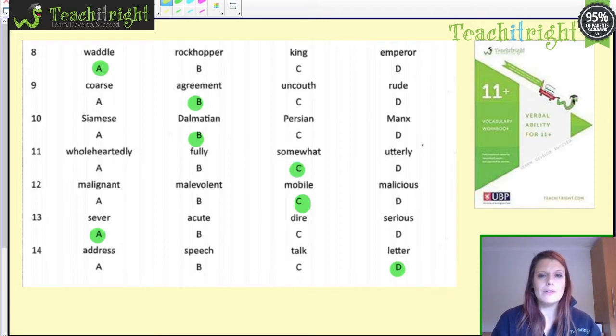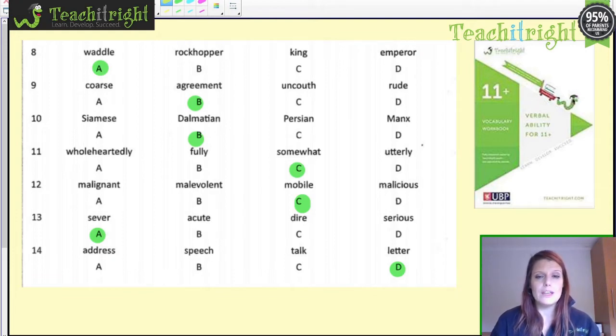Number 12, the other words are all ways of saying something that's nasty or with bad intent. 13, sever means to cut, but the other three all mean extremely serious. So dire and acute are synonyms for serious.